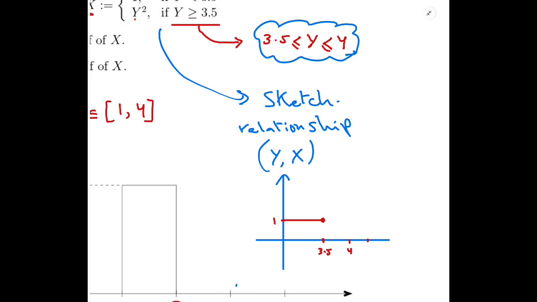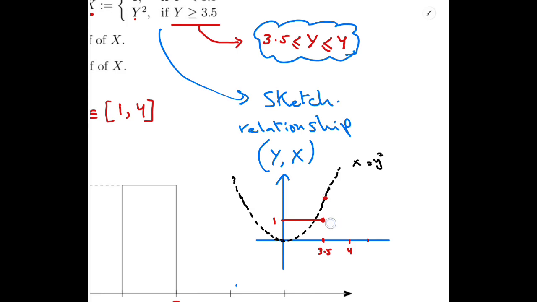So to draw the y squared, we know that x equals y squared. So we are looking for this point.